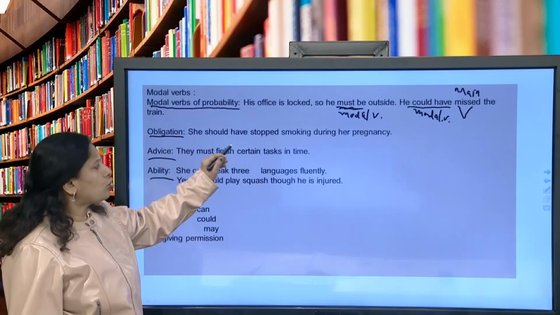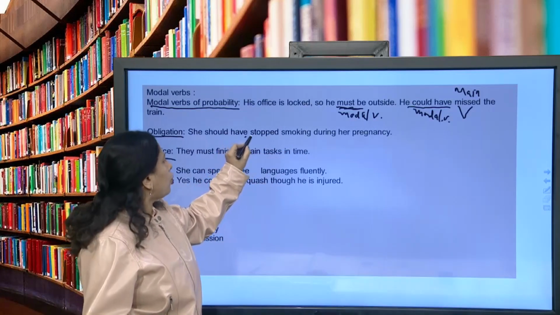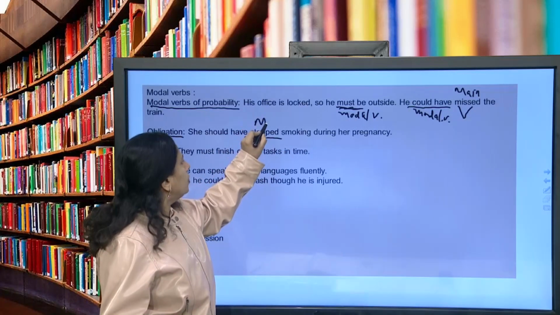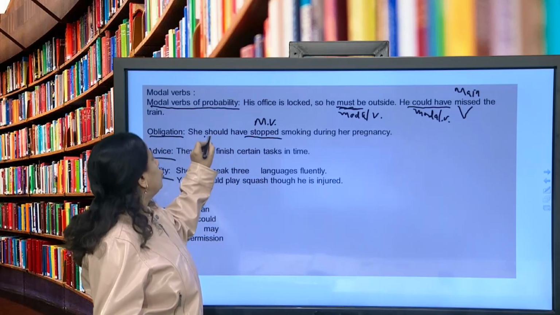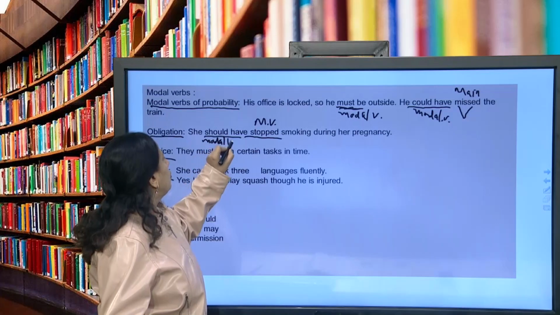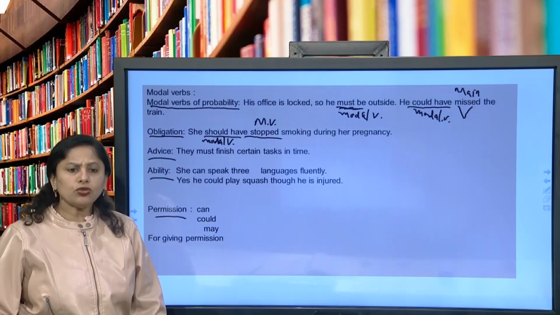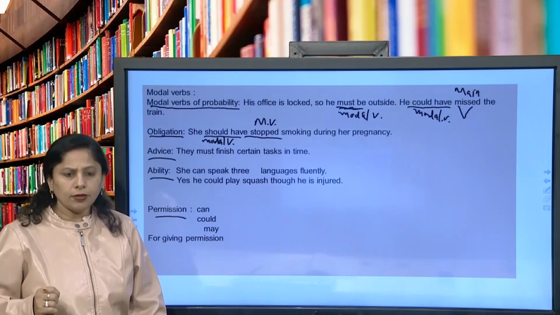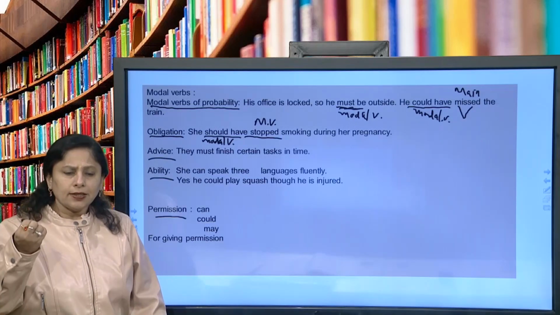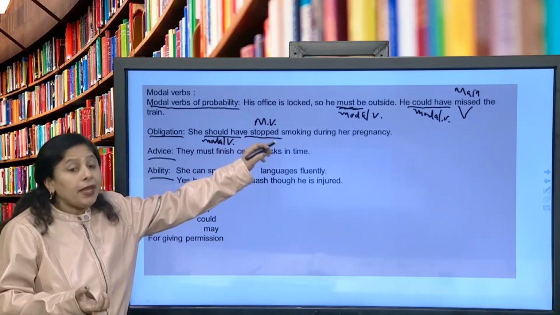She should have stopped smoking during her pregnancy. It shows that stopped is the main verb and should have is a modal verb. Modal verb is an auxiliary verb. Modal verb is also known as a secondary verb. It could be known as a subordinate verb, the verb that helps the main verb.